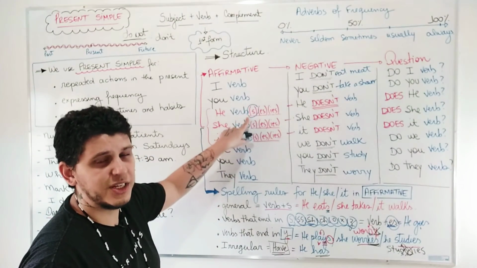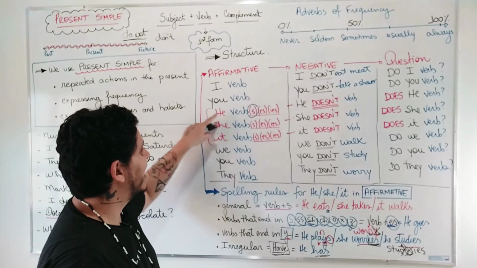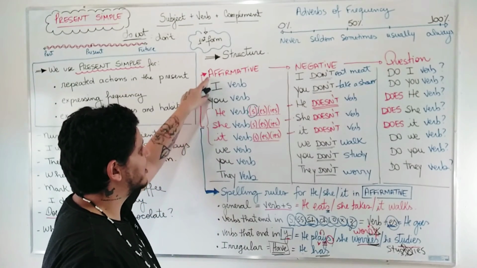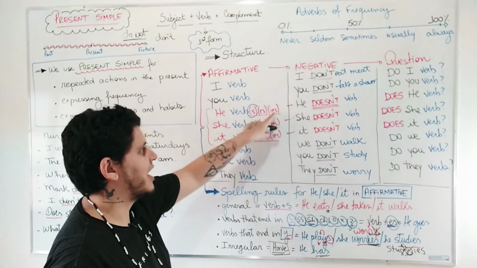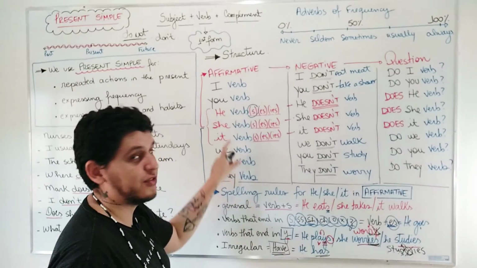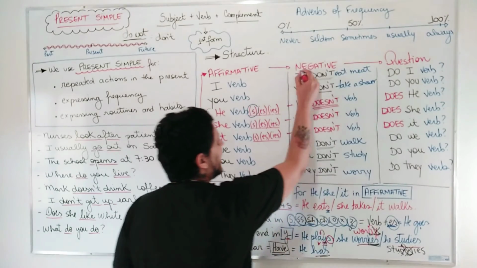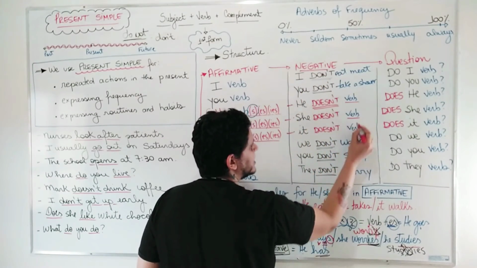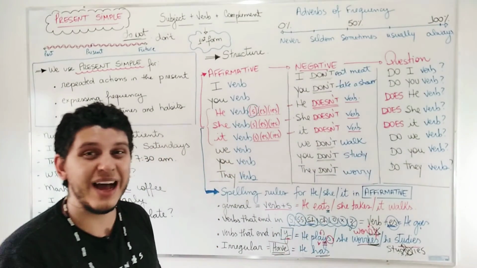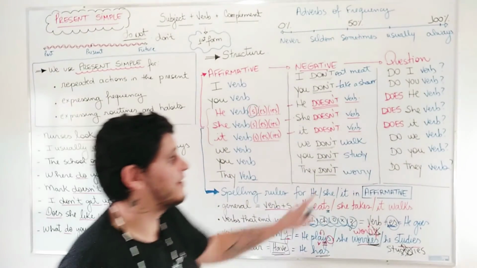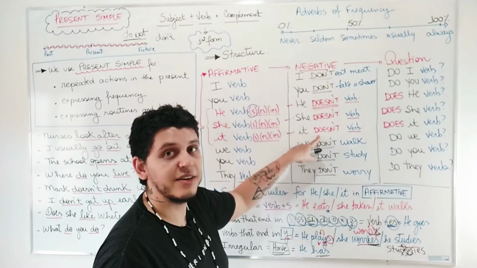For he, she, it, in the affirmative, we used S, ES, or IES. We changed the verb. But in the negative, the verb doesn't change. The verb continues being itself.